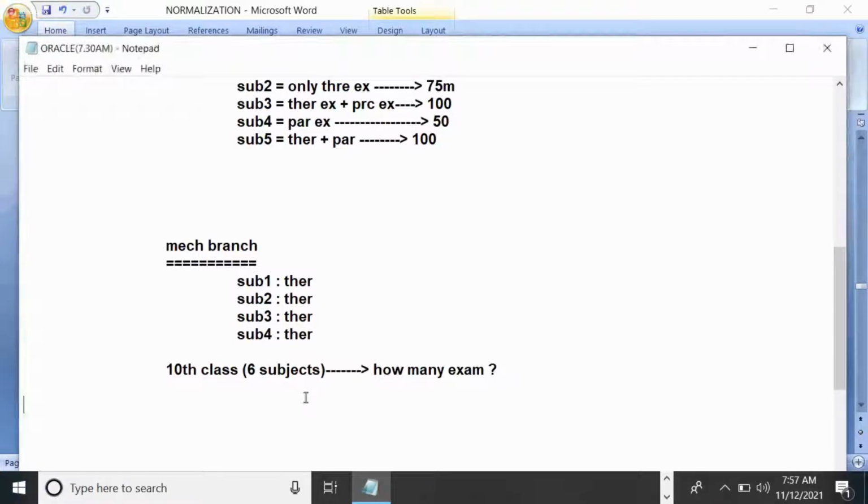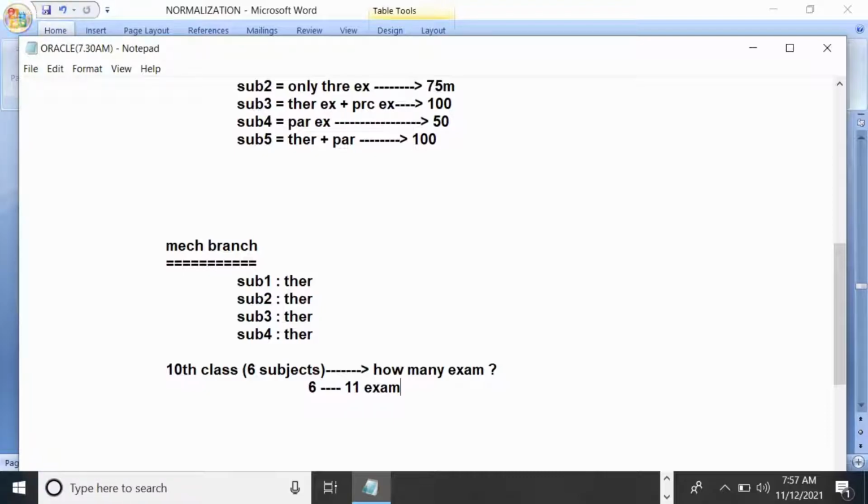I have 6 subjects, but the 10th class student is writing 11 exams. But having 6 subjects only. How is it?